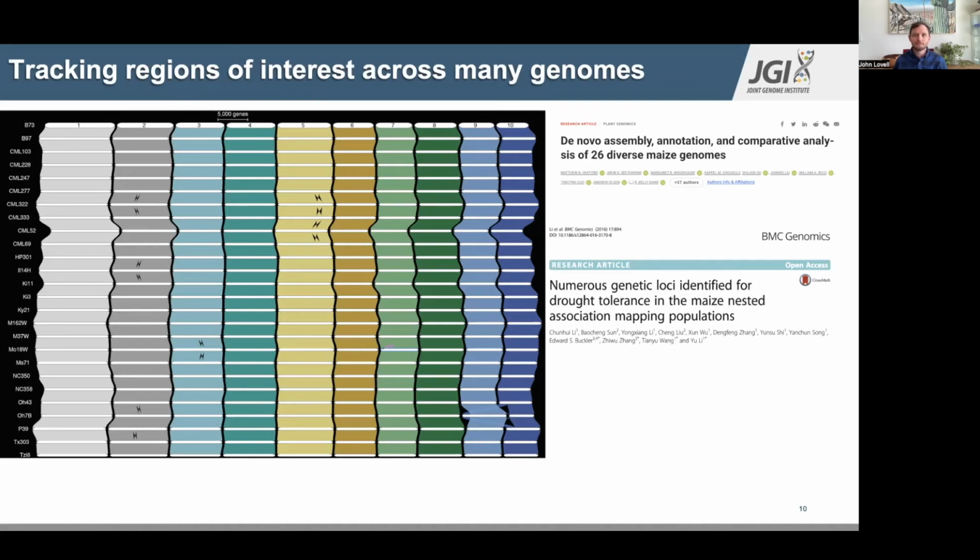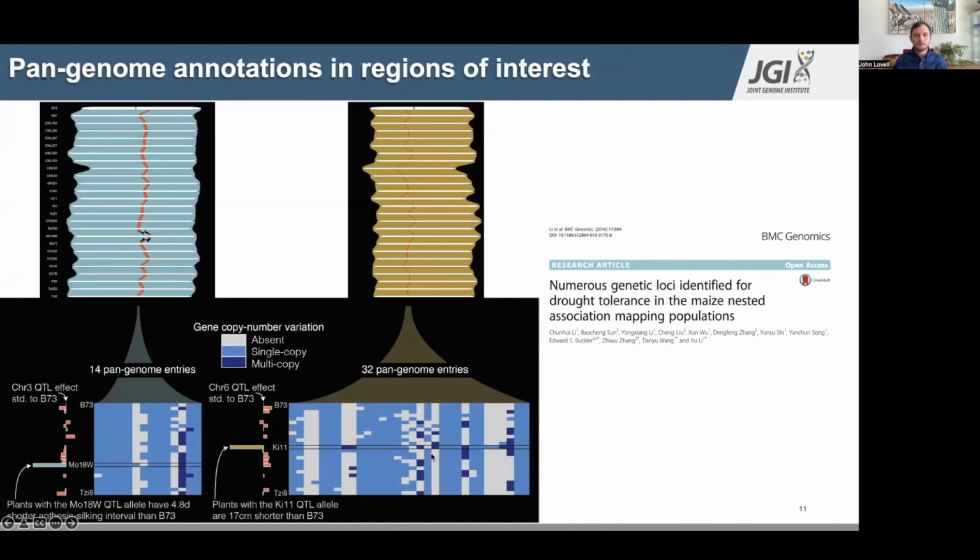Those are the candidates. So the 2 that I pulled that were the two strongest is a chromosome 3 QTL for silking anthesis interval, where MO18 is divergent, and the other is for height, and that's the one where the Ki11 genotype is divergent. For Ki11 on chromosome 6, we can see that there are 32 what we're calling pan-genome entries.